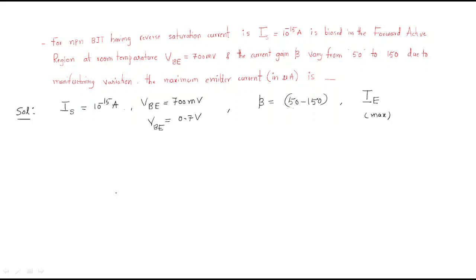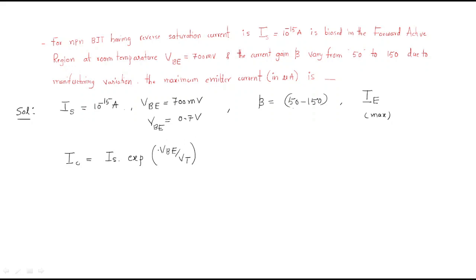So in this type of question, generally we know the collector current, the output current, we can write like this. The collector current equals the reverse saturation current into exponential of VBE by VT.